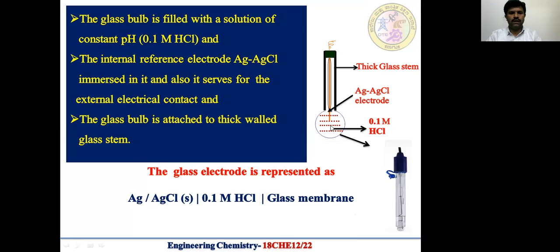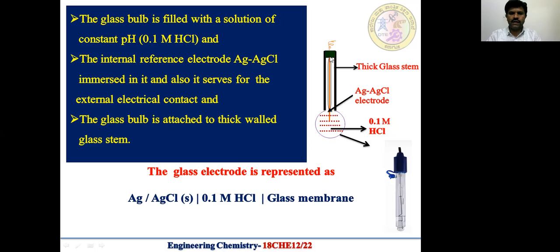The glass bulb is filled with a solution of constant pH, that is 0.1 molar HCl, and the internal reference electrode, that is the silver chloride electrode, is immersed in the 0.1 molar HCl solution.